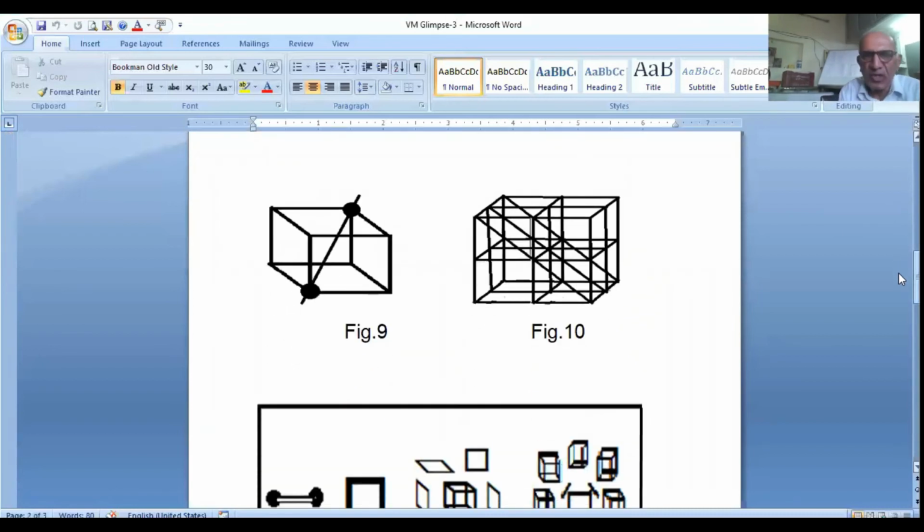Now see the third feature in figure 9. When the two corner points are coordinated, this is called an internal diagonal. This internal diagonal is coordinating two corner points. In each corner point, there is a three-dimensional frame of half dimension.